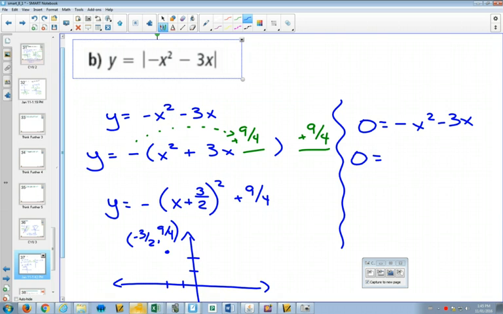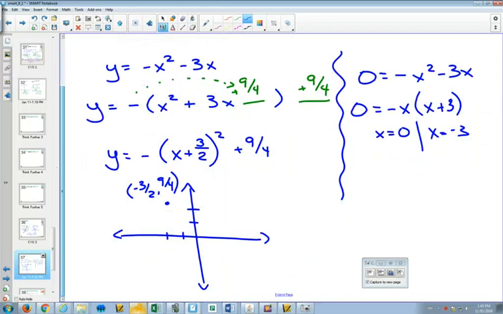Can you factor this? You can factor a negative out. Is there any other common factor? An x. You can take a negative x out, leaving you with x plus 3. So if we say, where is this equal to 0? At negative 3 and at 0.